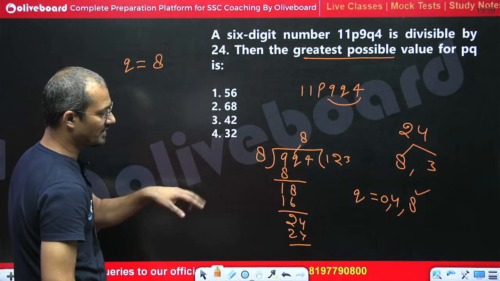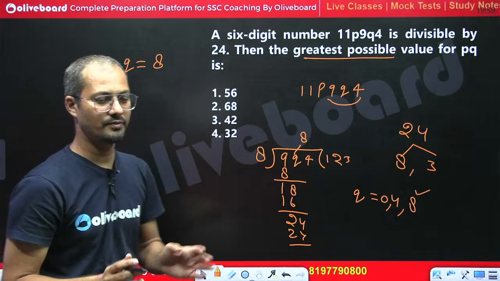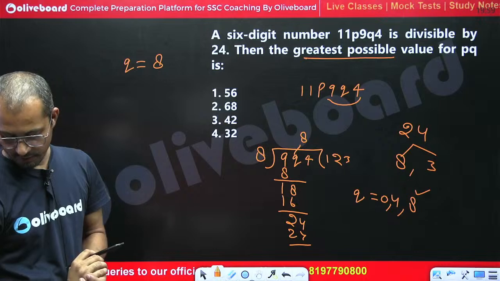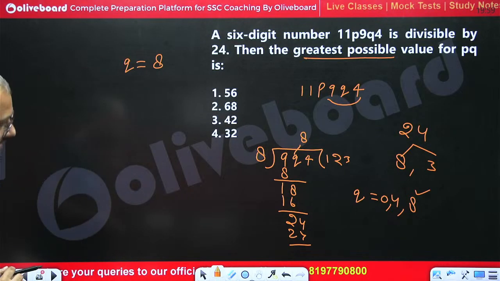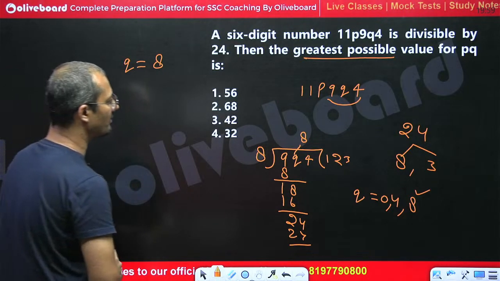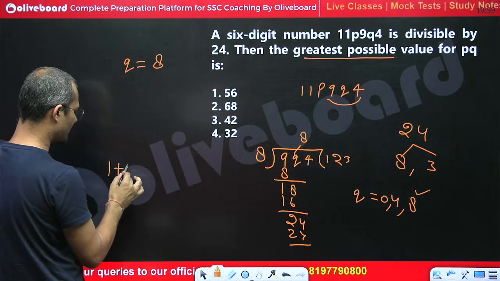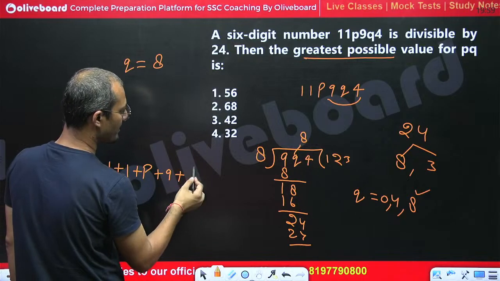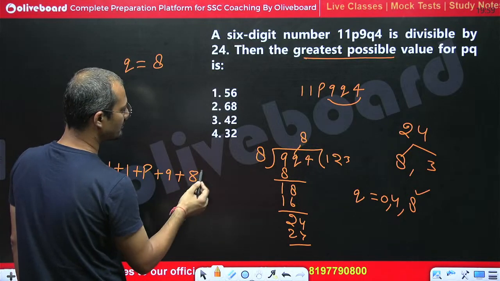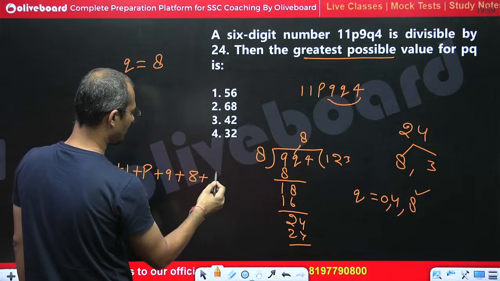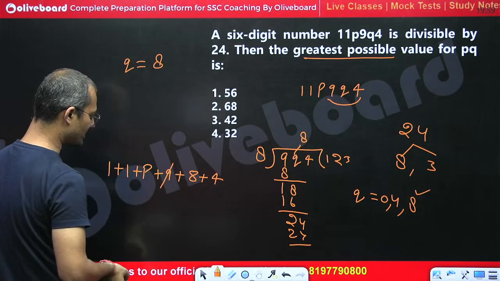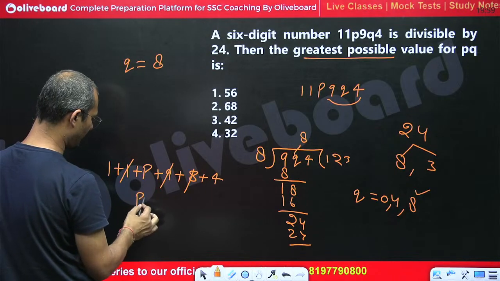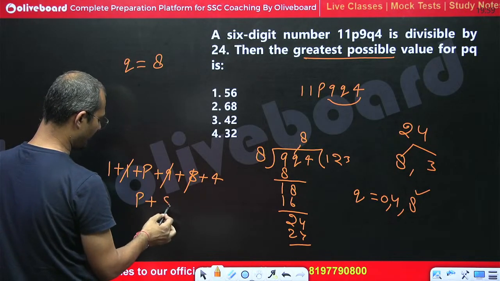Now we have to check the divisibility of 3. If the sum of all digits is divisible by 3, then the number would be divisible by 3, right? So for the value of P, 1 plus 1 plus P plus 9 plus Q, taking the value 8, plus 4. 8 and 1, 9 is divisible by 3. So we can have P plus 5.